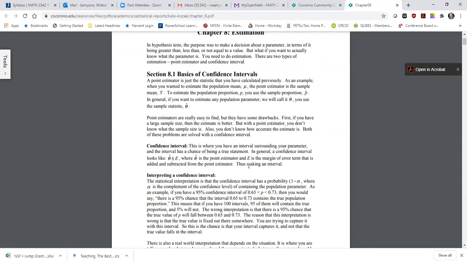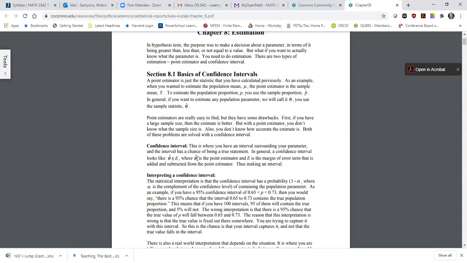So what does that mean, the confidence interval? Okay. A confidence interval is where you have an interval surrounding your parameter, and the interval has a chance of being a true statement. So in general, a confidence interval looks like this, okay?